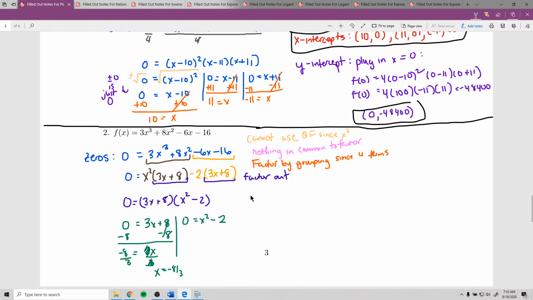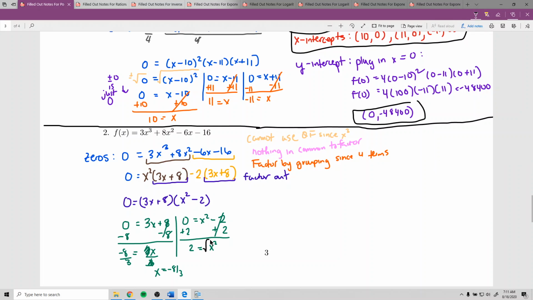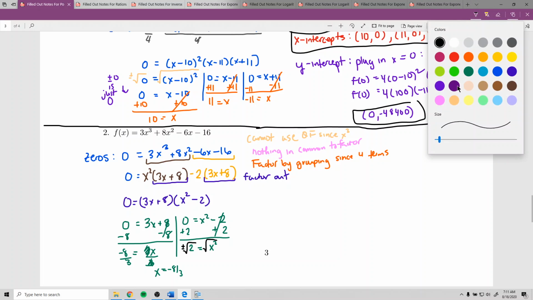For the one on the right, since we only have x squared, we can add 2 to each side and then do the square root. So we got x squared equals 2. Do the square root of each side. Now this one has a number that's not 0 here, so when you do the plus and minus, you get two different numbers.